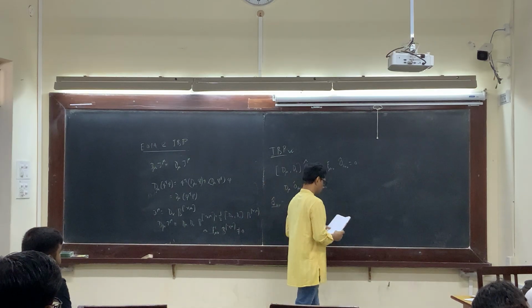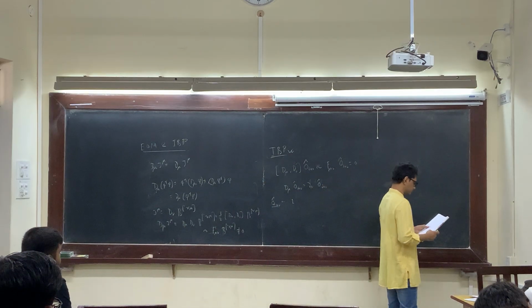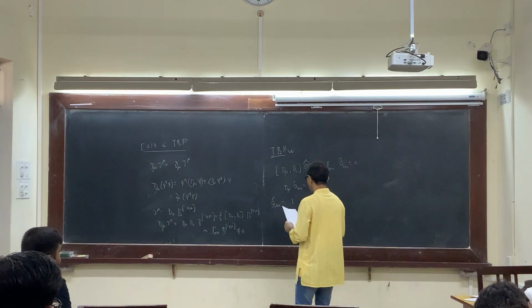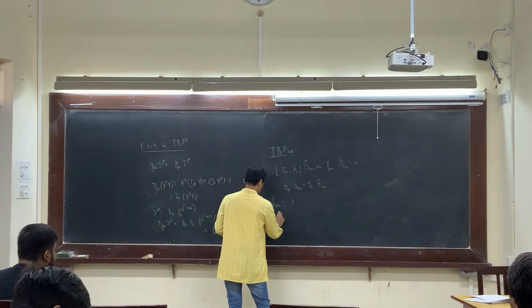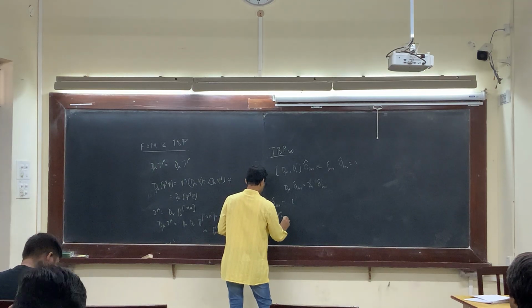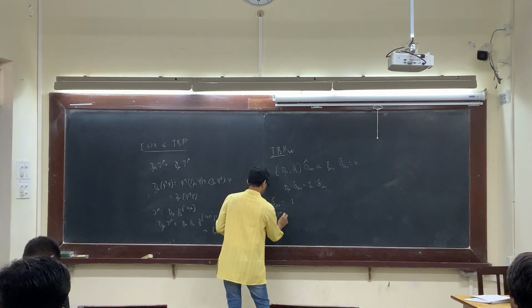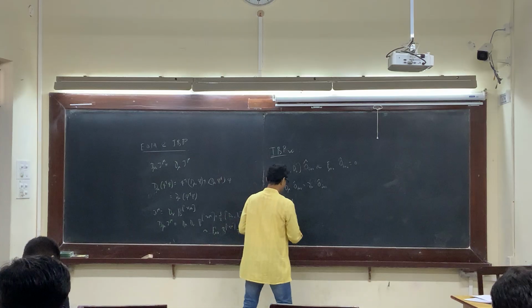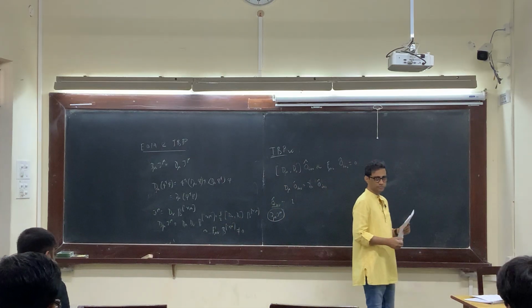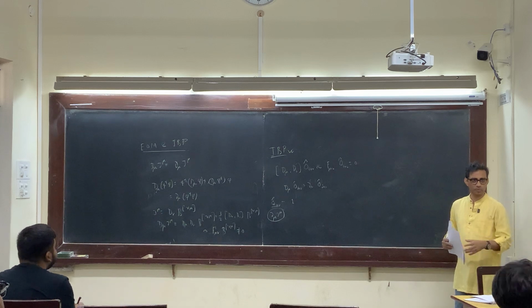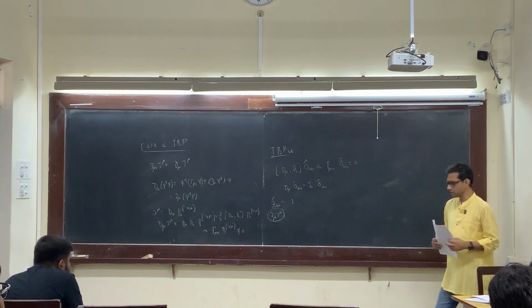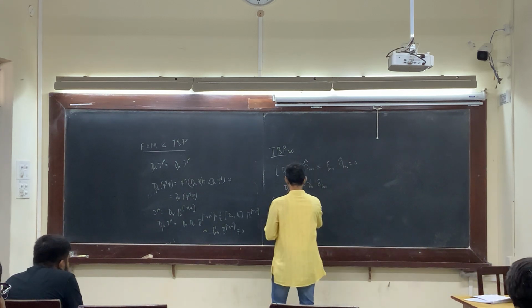So now, if I have to remove this del mu j mu, see any scalar form you can write down? That means the derivative of that operator, the divergence of that operator, I have to remove. So I remove this one.